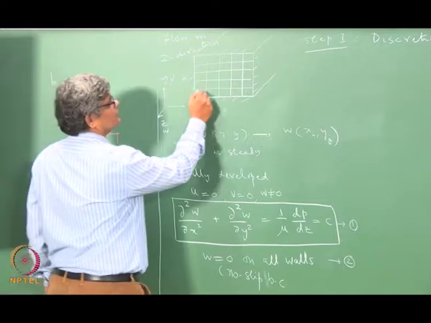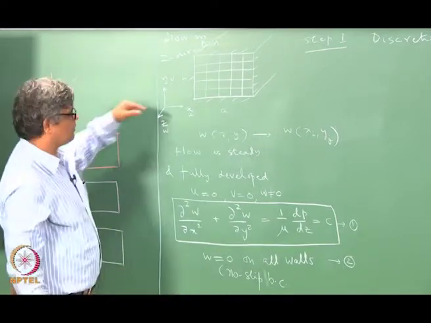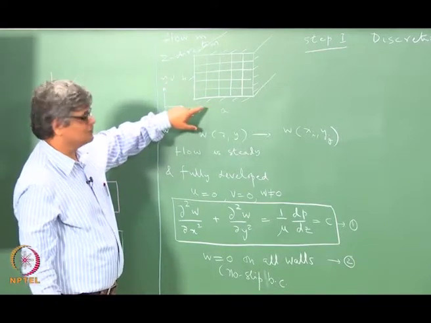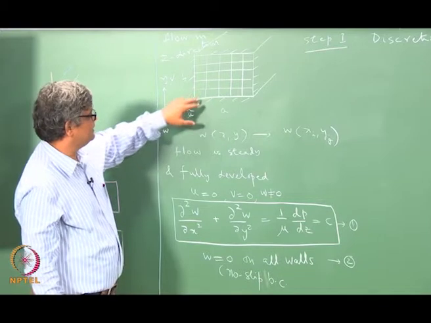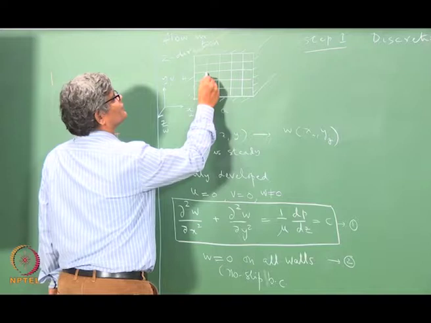And you have y equal to constant lines, and the intersection of lines of constant values of the coordinates x and y will constitute the grid points for us. So, these are all the grid points.